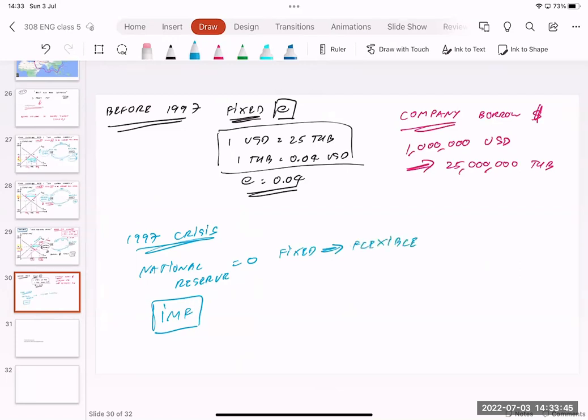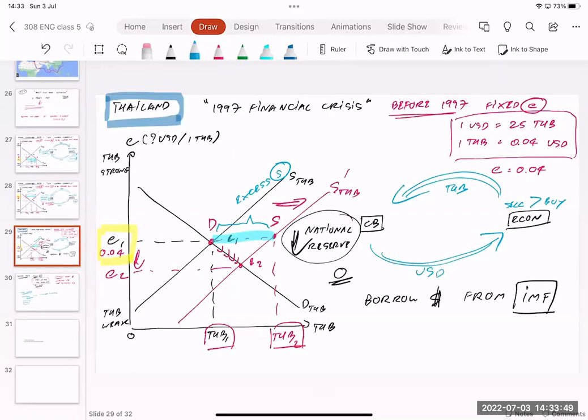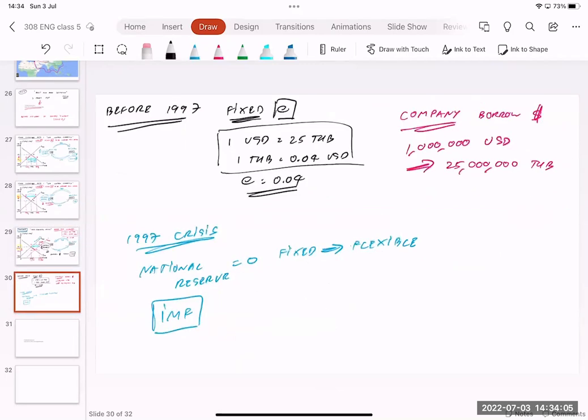When Thailand changed from fixed to the flexible exchange rate, if you go back to this graph, when the money flows out of Thailand, our money should be weaker, right? So when we changed the system from fixed to flexible, the Thai baht became weaker, going to the real equilibrium point. After we used the flexible exchange rate, it became very weak, $1 equal to 50 baht.